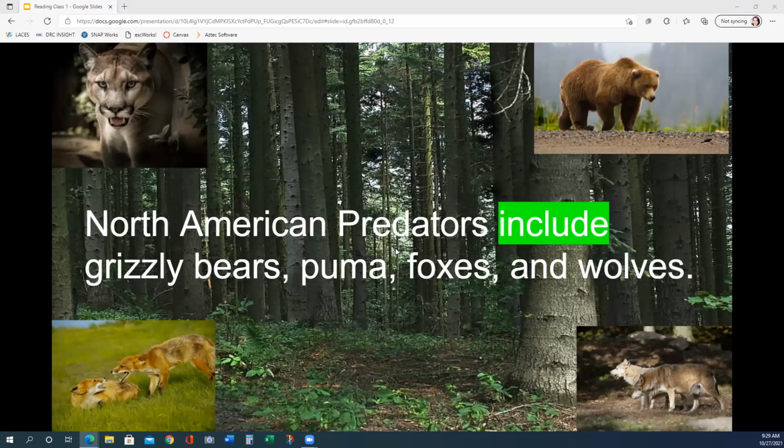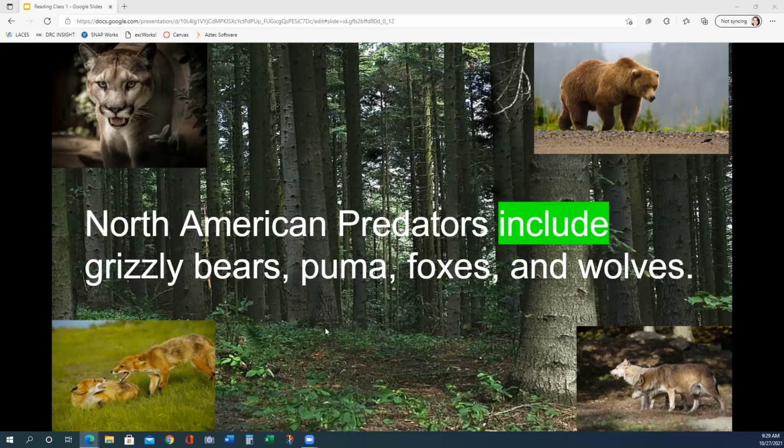North American predators include grizzly bears, pumas, foxes, and wolves. If we don't know what predator means, we can look at this list of words that they give us as an example. So they're giving us the word, and then they're giving us examples, such as grizzly bears, pumas, foxes, and wolves.